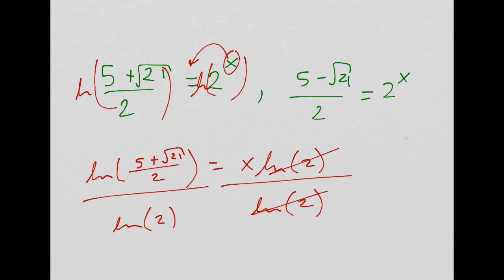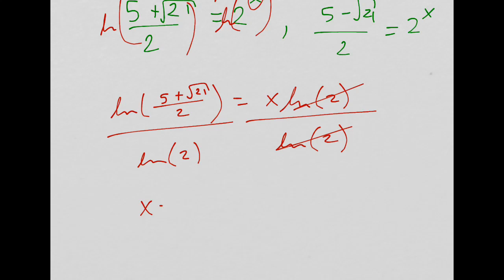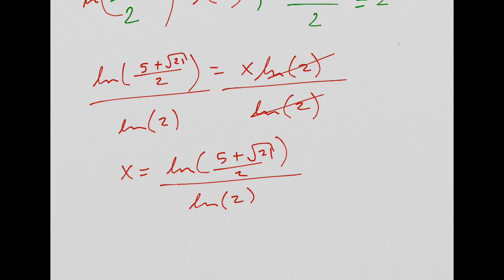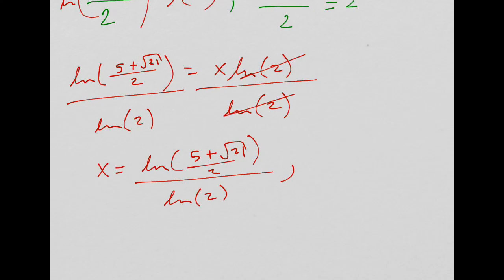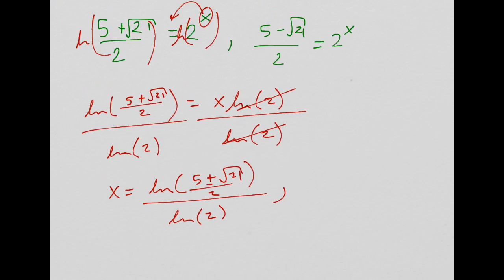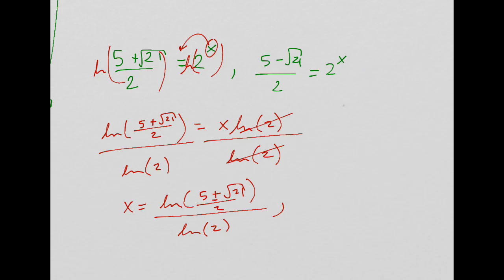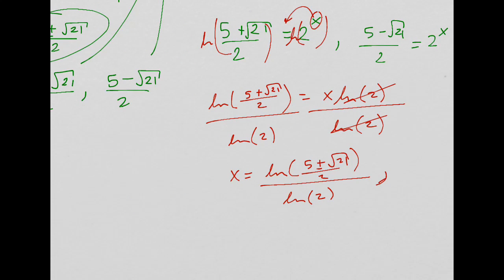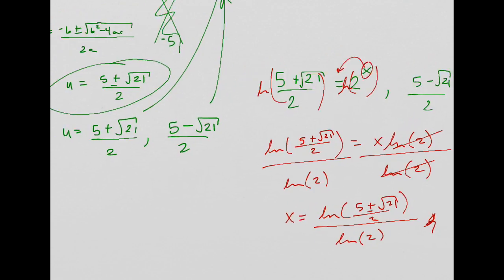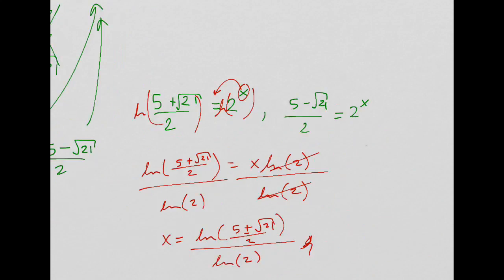So the first case, x equals ln of 5 plus the square root of 21 divided by 2, all divided by natural log of 2. And then also the negative, or actually we can just do plus or minus in there because it would be the same steps for that. So hopefully, we don't need that. That wasn't too confusing. There you go.